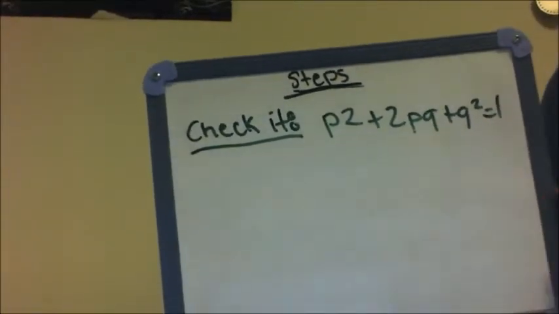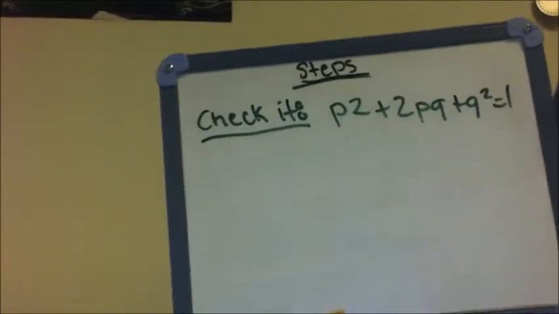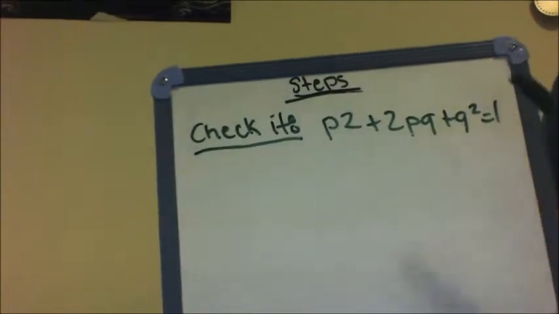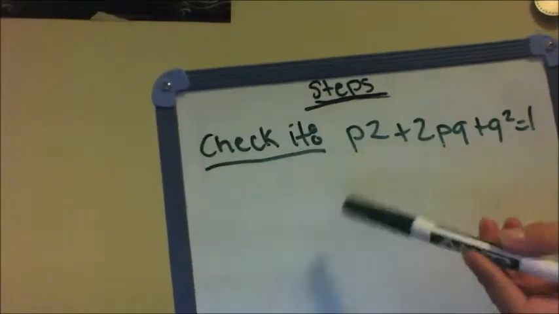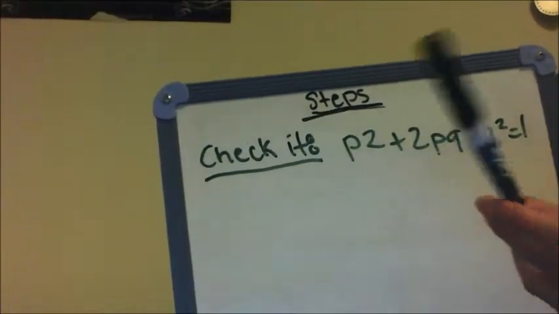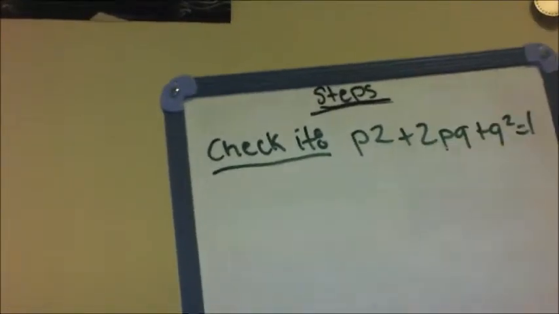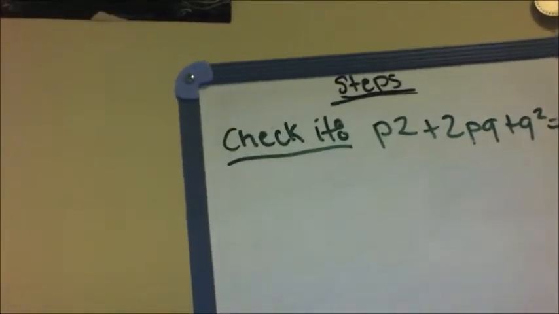Remembering the equation, all of the values need to add up to 1 by adding P squared, 2PQ and Q squared.